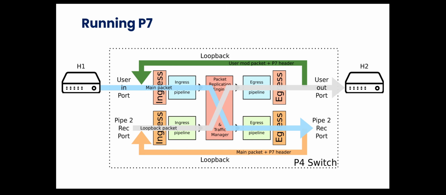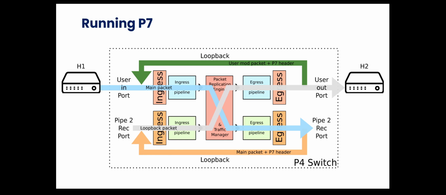So the first time that the packet enters the pipeline where the P7 code is, all the match action tables of the P7 are going to be applied, and then we define a recirculation loop to the other pipeline where the custom P4 code is located. Then the packet will be sent back and it will enter into the other pipeline.